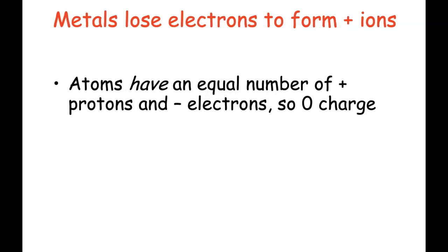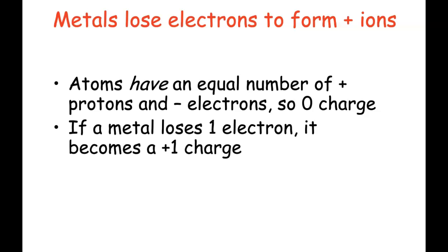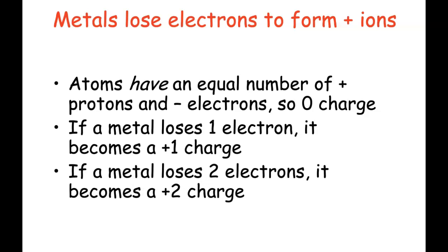So you remember that when we have an atom, it has an equal number of protons and electrons. So it has a zero or neutral charge. But if a metal loses one electron, it would become a +1 charge. If it loses 2 electrons, it becomes a +2 charge.